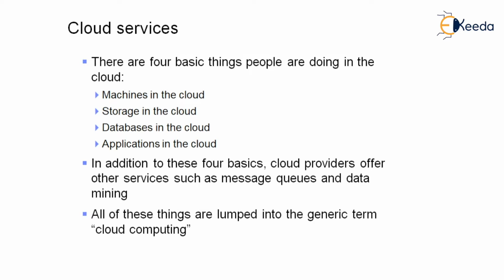Now, let's see another principle, broad network access. As I told you previously, for cloud computing, the internet is important, it is necessary. From the broad network access point of view, capabilities are available over the network and accessed through standard mechanisms that promote use of heterogeneous thin or thick client platforms. Examples of thin and thick client platforms are mobile phones, laptops, or personal digital assistants, that is, PDAs.